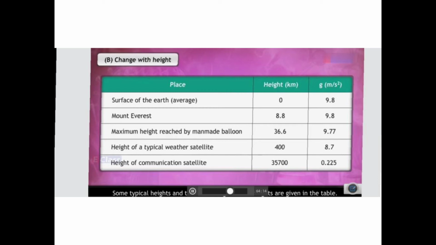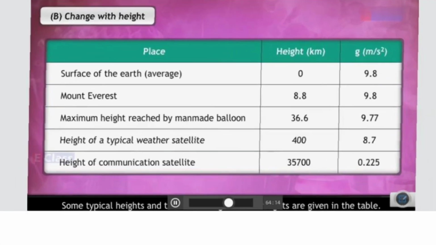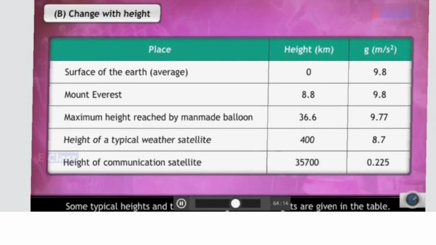The value of g, if we'll observe, on an average on the surface of earth where the height we consider as 0 is 9.8, and practically for all the sums we are taking the value as 9.8 meter per second square. When you will get the tallest mountain on the earth, that is Mount Everest, so height is 8.8 kilometers. So that also we are taking the value of g is 9.8.